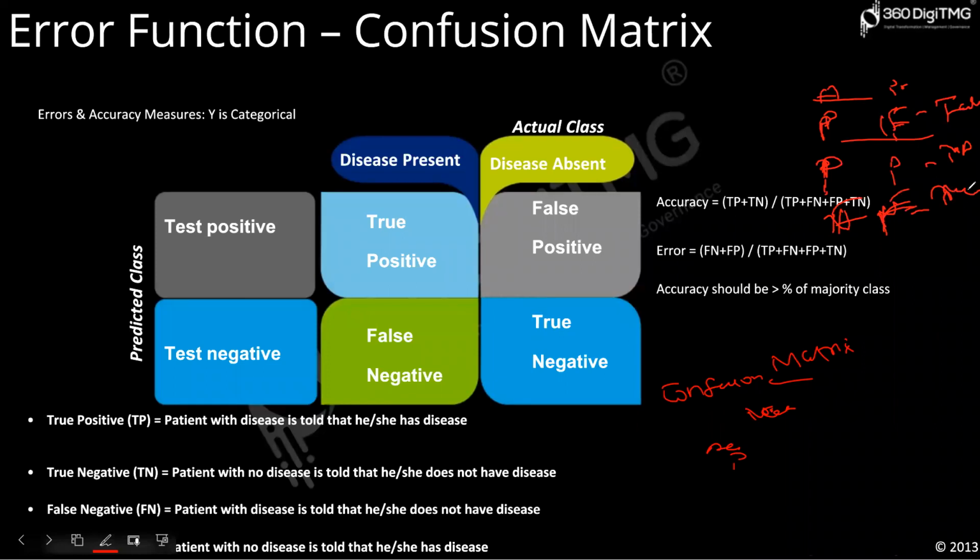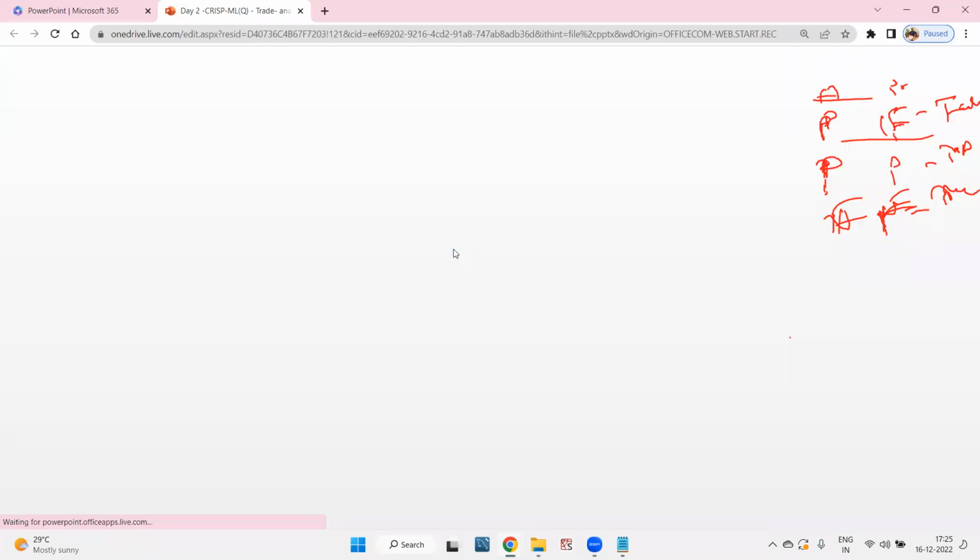This is called the confusion matrix or crosstab method. We use it for non-numerical, categorical data. When your output is categorical data, we use the confusion matrix as the error function.